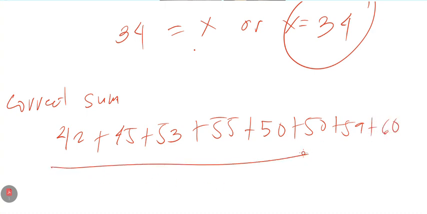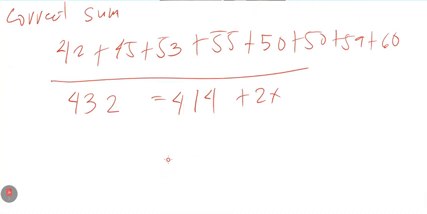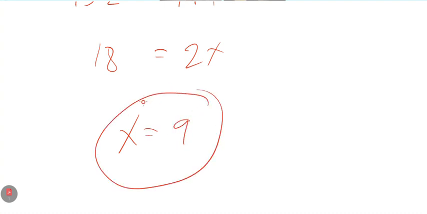So all in all, we have 414. And the other one, we have 432 equals 414 plus 2x. This time that gives us 18 equals 2x, in which the value of x is equal to 9. So we're done with the value of x.